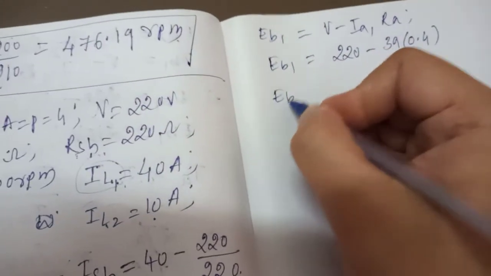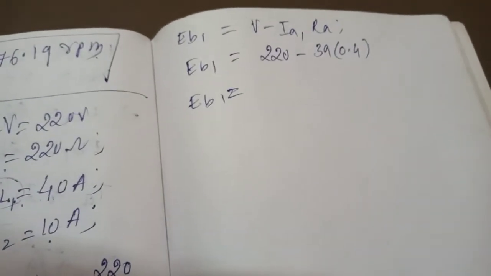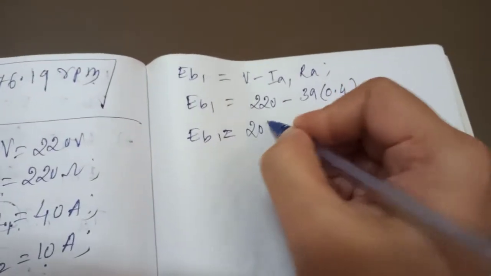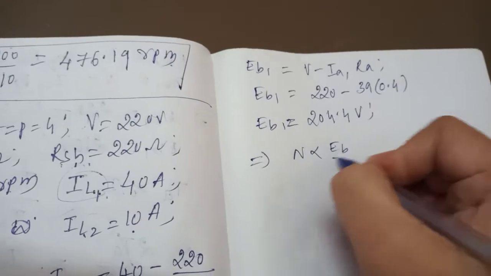So EB1 is equal to 220 minus 15.6, which is 204.4 volts. Now we know that N is directly proportional to EB by phi.